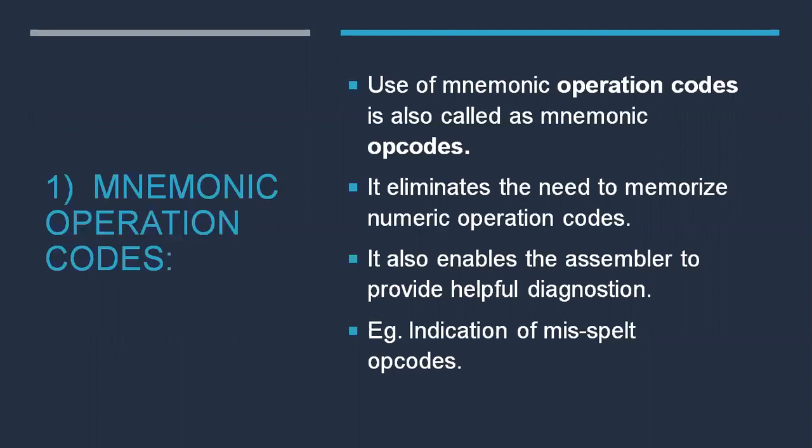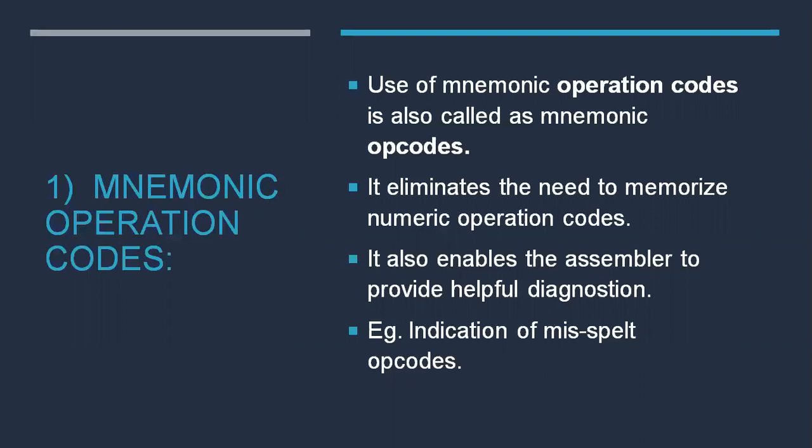You have done programming in the second year subject, digital techniques. Yes, in digital techniques you have seen the programming wherein you need to see a chart to memorize numeric operation codes. So it is very much difficult for a programmer to memorize operation codes.